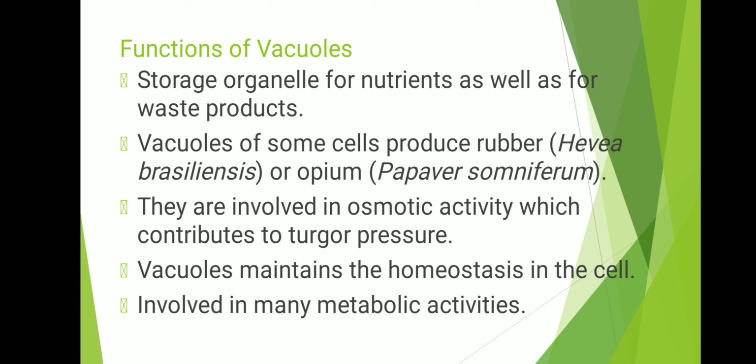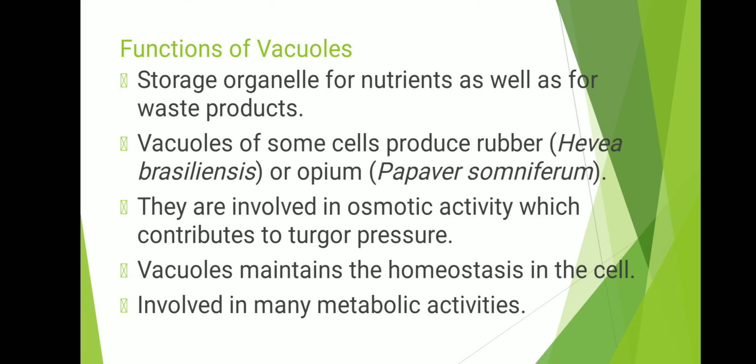There is something specialized in them: sometimes these vacuoles contain different products. For example, rubber is formed in the vacuoles. This is from Hevea brasiliensis, whose vacuoles are able to form the rubber.